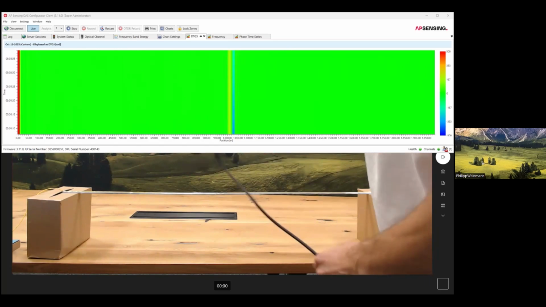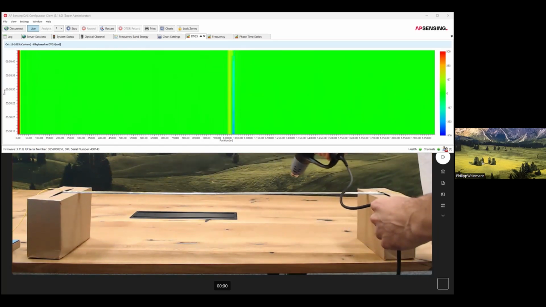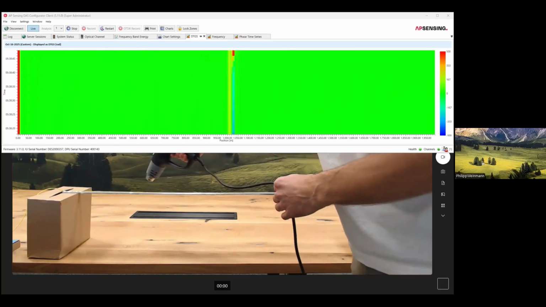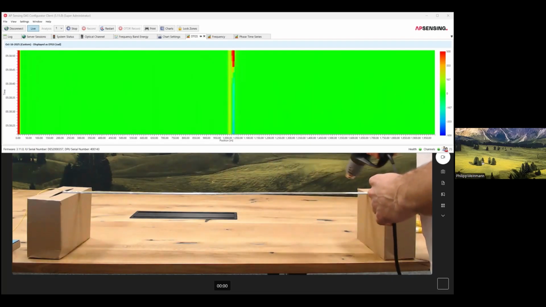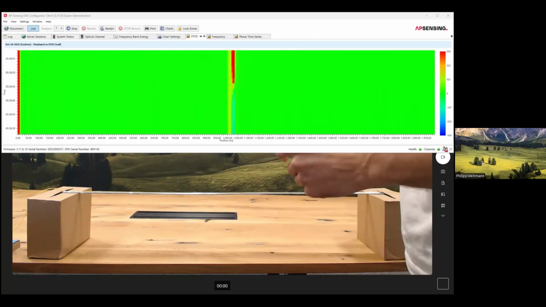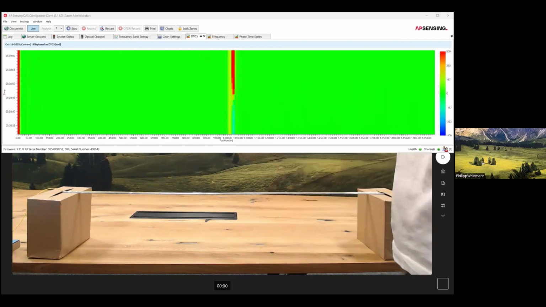And I'm now heating up the glass fiber. And we see another change in the signal with the opposite sign. So that means now we are expanding the glass fiber.